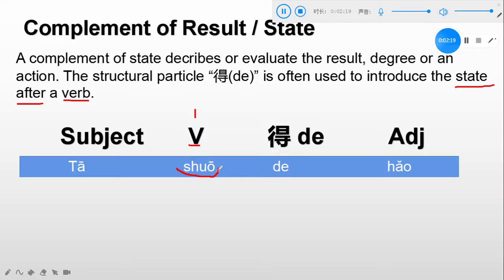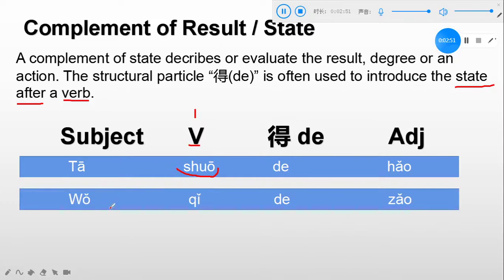It's just a verb, which means the verb is not formed with two words, just one. So 说 means to say, to speak, or to talk. So here, 他说得好 means he speaks well. As to what it is referring to, I think maybe later we will see. But now 他说得好 just means he speaks well.